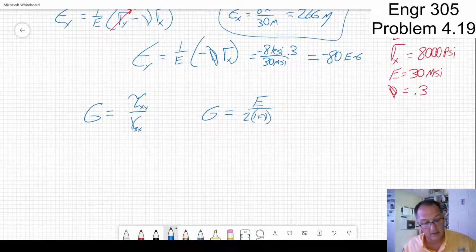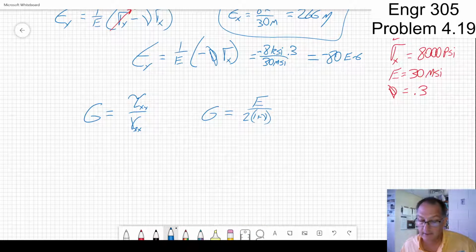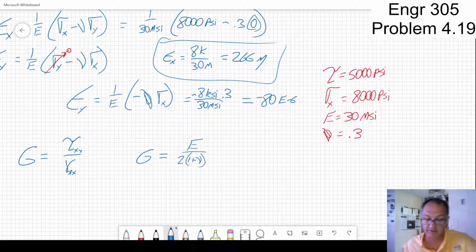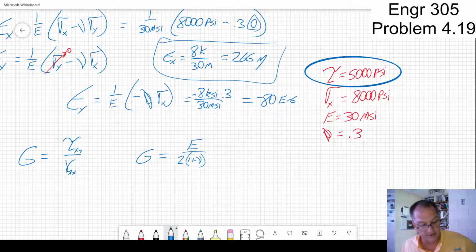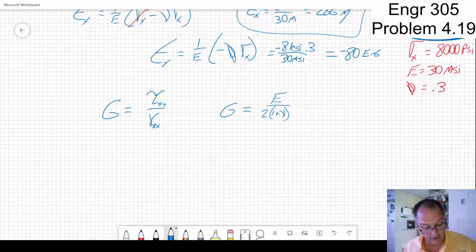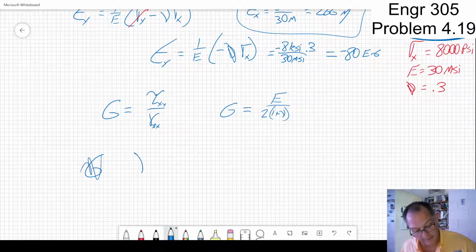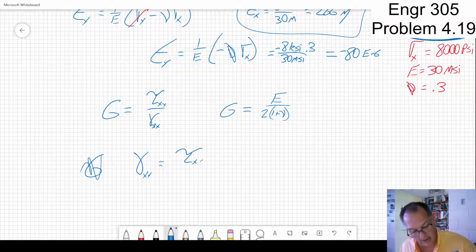My tau is given right here, right out of the problem statement. Sorry, I have to rearrange this. Gamma xy is equal to tau xy divided by G, but I'm going to substitute in E over 2 times 1 plus Poisson.